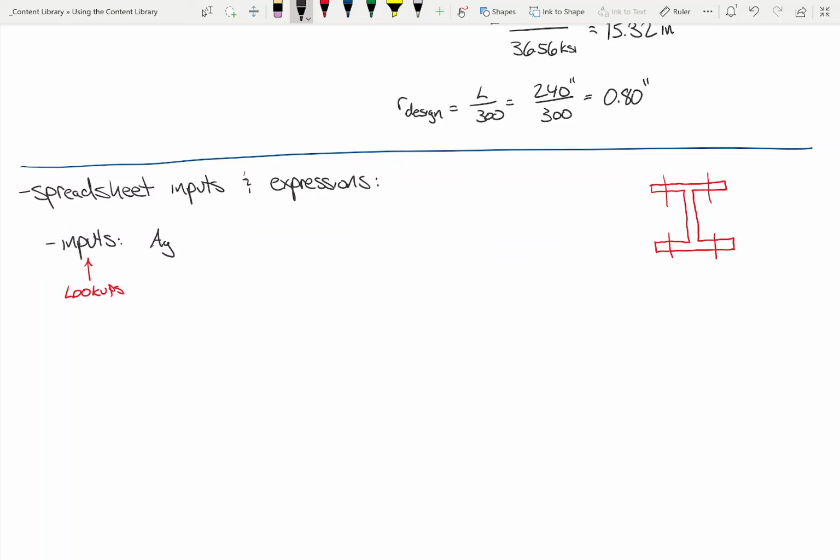The flange thickness, there we go. What else? X bar. Now hold on, you're talking about X bar for the connection. It will be the Y bar for the equivalent WT. Okay, so that's a lookup.